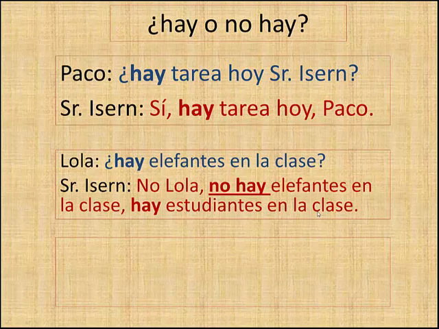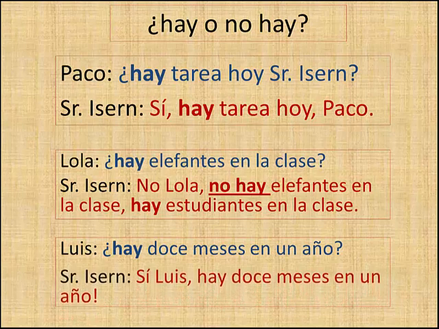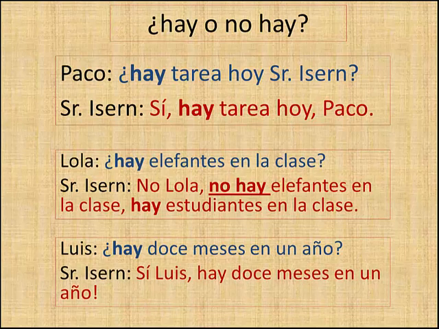Hay estudiantes en la clase. However, there are students in class. And the last example, Luis says, ¿hay 12 meses en un año? Are there 12 months in a year? El señor Isern says, sí, Luis, hay 12 meses en un año. There are 12 months in a year. Okay?